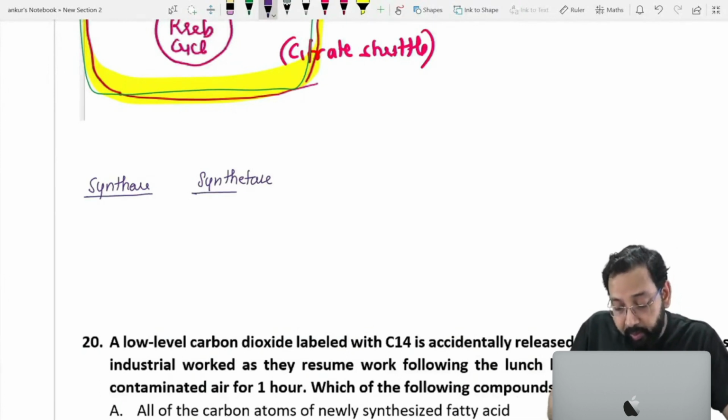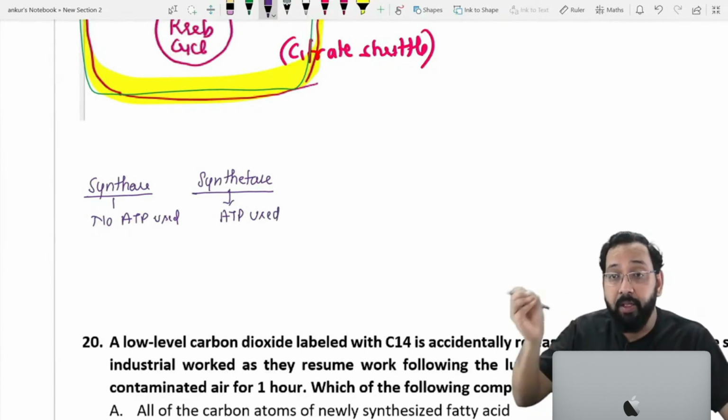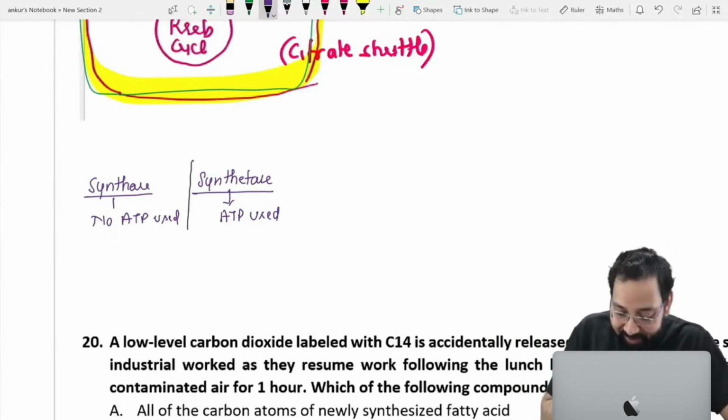Synthase: no ATP used. Synthetase: ATP used, energy is used. If you pronounce synthetase, it requires a little bit more energy than synthase, so you can easily differentiate synthase and synthetase.